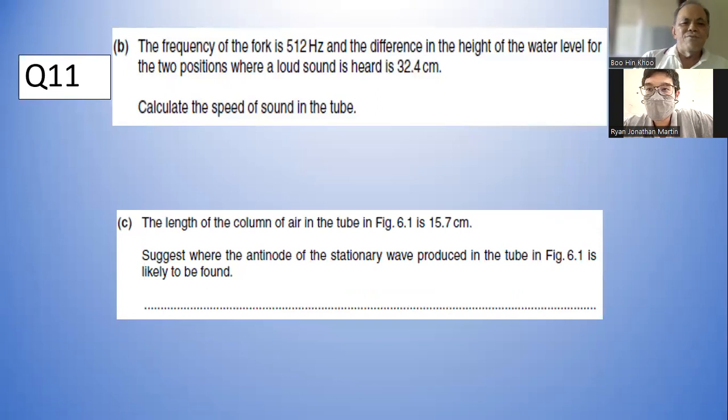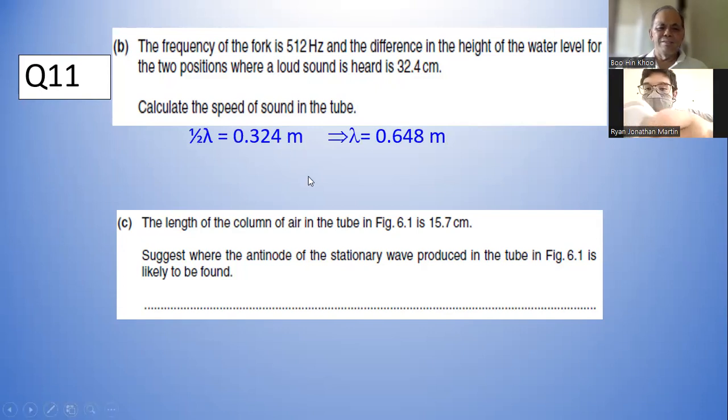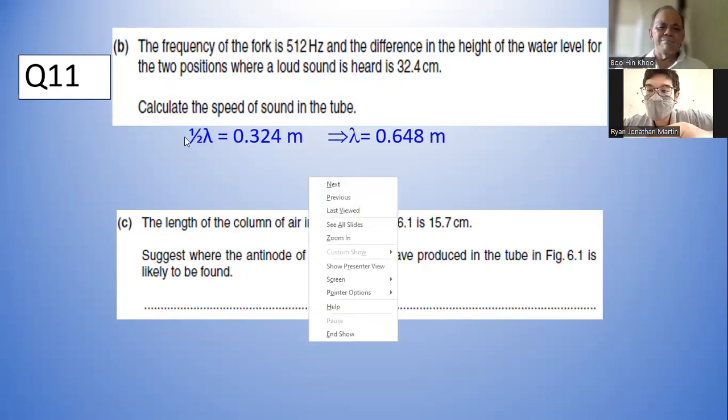The frequency of the fork is 512 Hz, and the difference in height of the water level for the two positions where the loud sound is heard is 32.4 cm. Calculate the speed of sound in the tube. From here, half lambda equals the difference.